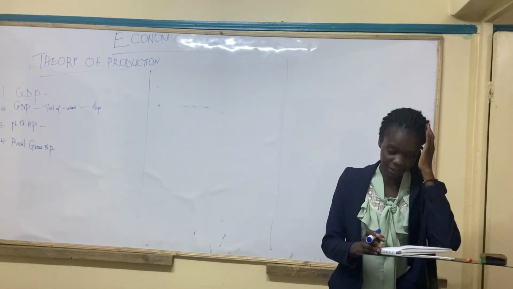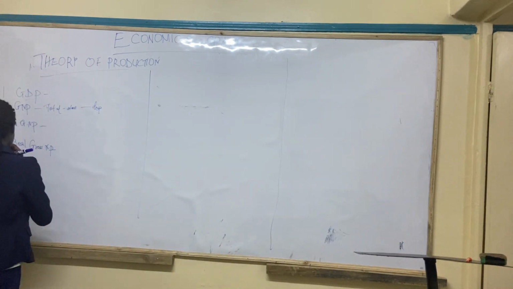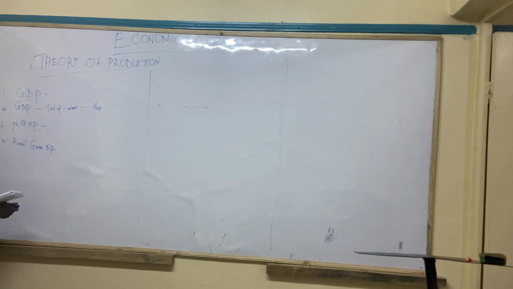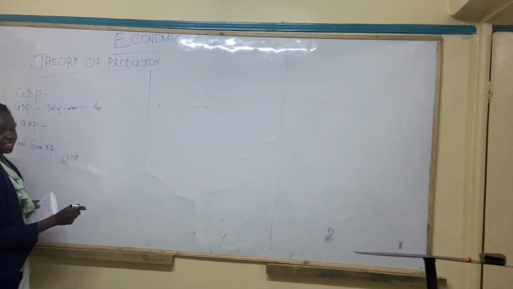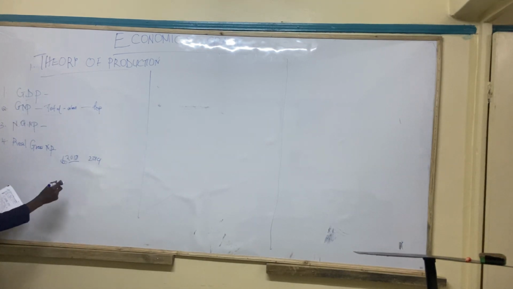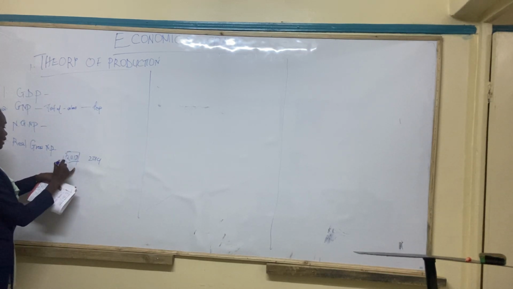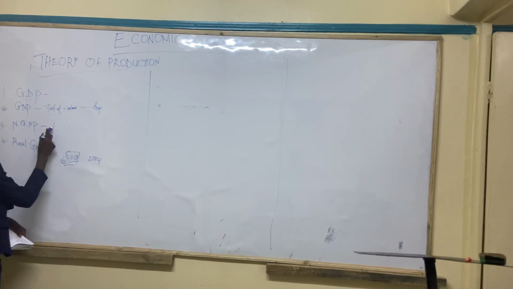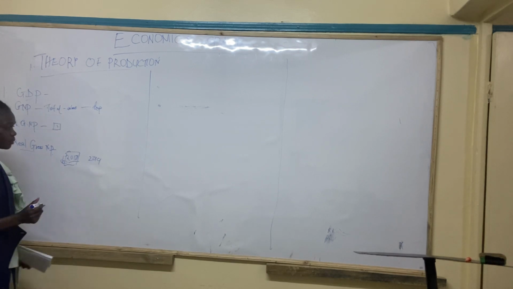So it is calculated at the base year. Maybe the base year is 2018, and the current year is 2019. So this one is calculated at the base year of this amount. That is real gross national product.